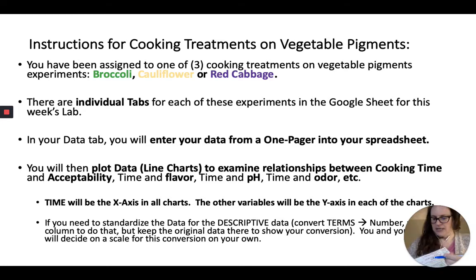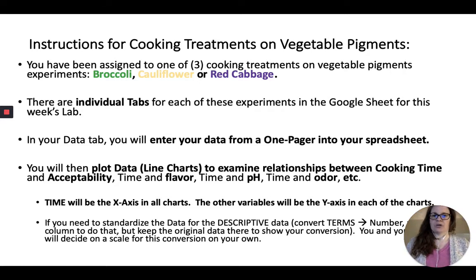And then your y-axis is going to be all of those other variables. So you're going to plot time along the bottom, and all of your other variables are going to be the y, so you could look at the relationship between the 2 variables. It could be like this, could be like that, could be flat, depending on the variable that you're looking at.